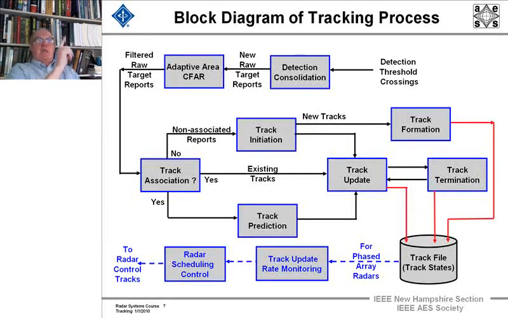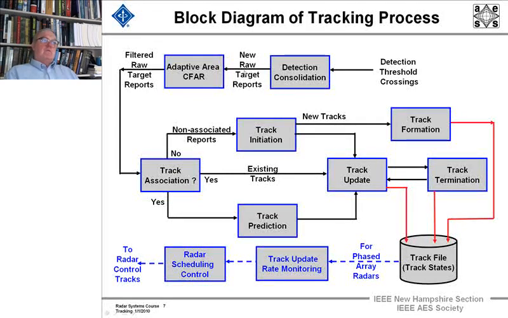Are the detections made up of just one single threshold crossing, or is it a whole band of threshold crossings that you'd expect from a strong target? So what we want to do is take those detection threshold crossings and consolidate them into raw target reports.